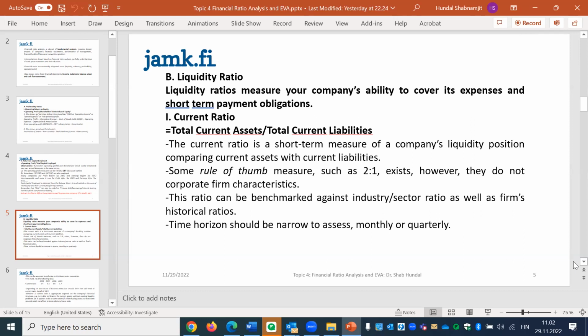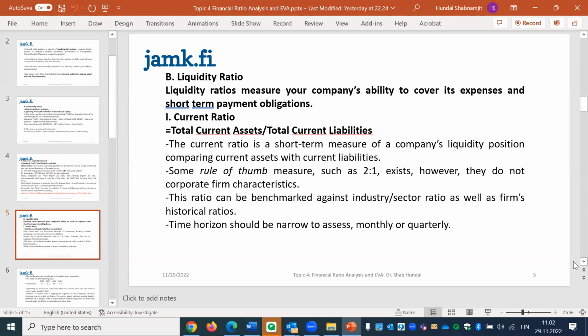So we have an adage, a saying, that nip the evil in the bud. The idea is that if you want to avoid any long-term payment problem, make sure that you don't have any short-term payment problem. A short-term payment problem can arise if the company is not so liquid. If the company's current income is not enough to meet its current liabilities, then it can be a problem.